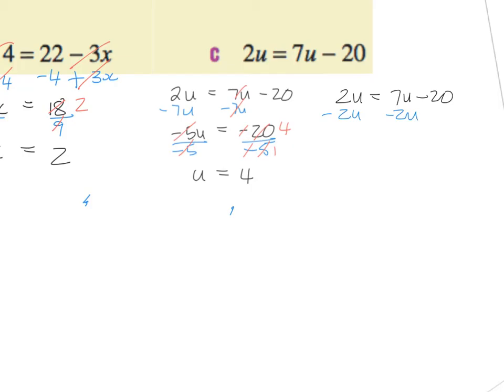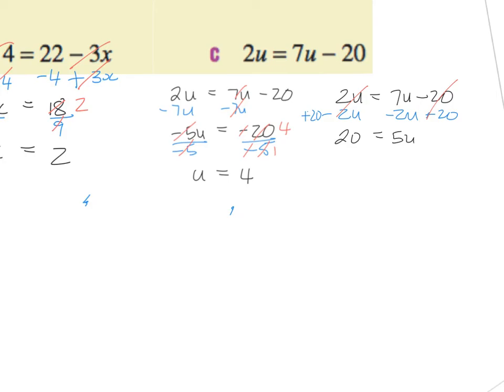What will happen now is we have negative 20 by itself, which means I'll have to get rid of 20 by adding 20 on this side, but then I'll also have to add 20 on this side. 2u take away 2u is nothing. Negative 20 plus 20 equals nothing. So I'll get 20 equals 5u.